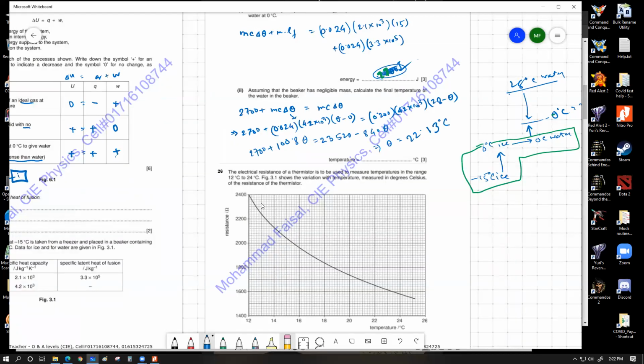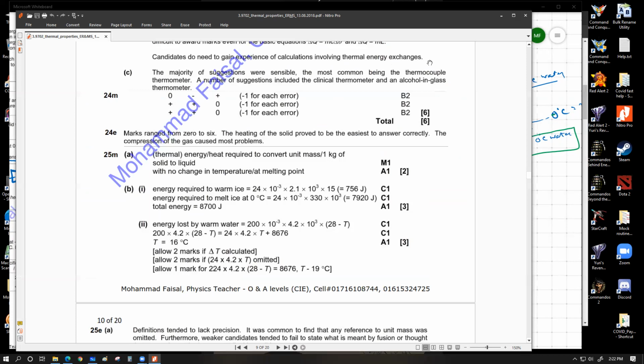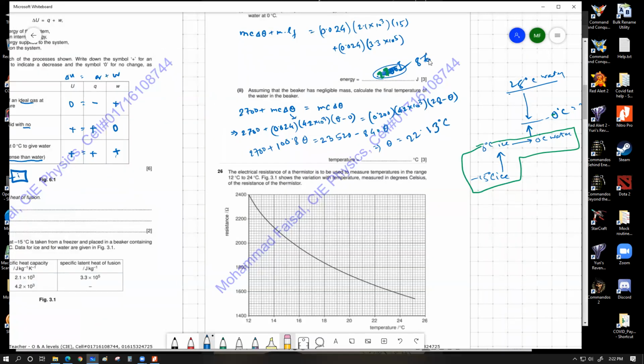So I'm sorry for the wrong value. This is supposed to be 8676. So I'm gonna write 8676 over here. The rest are fine, I believe. 23520 minus 8676, divided by 940.8, is 15.77.